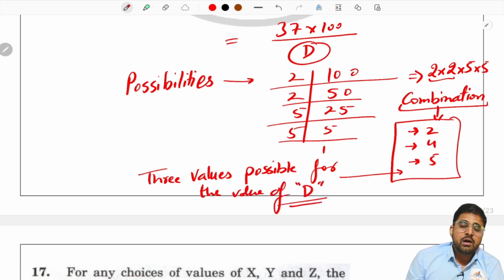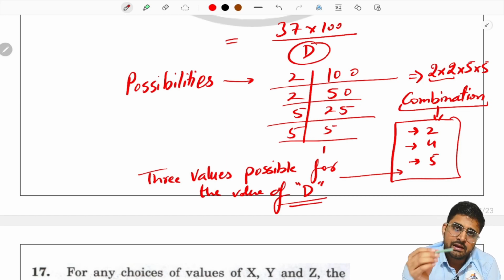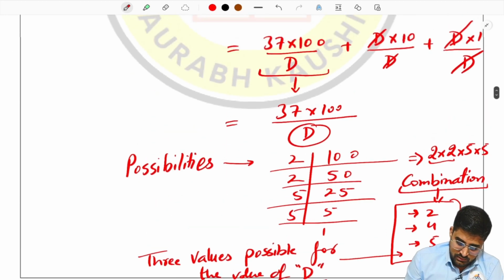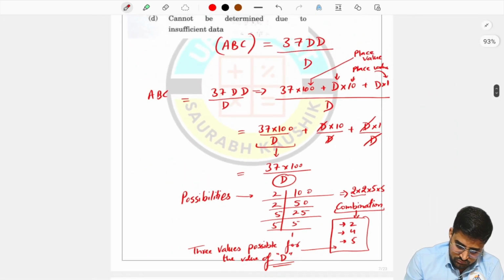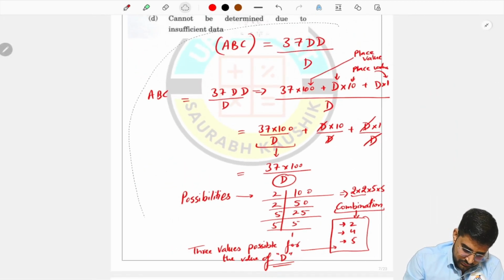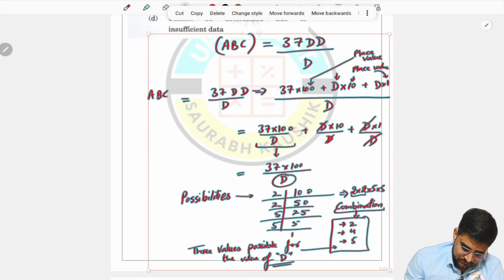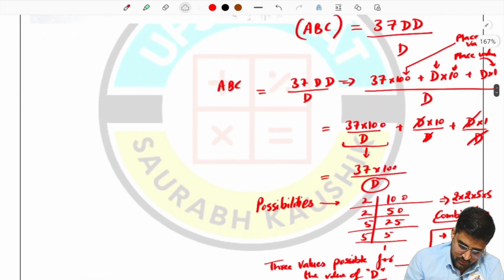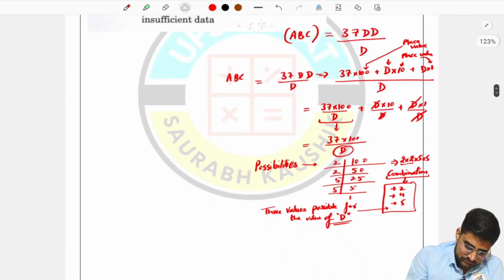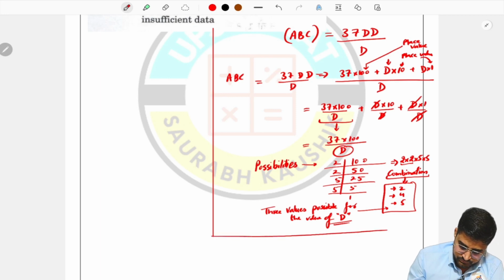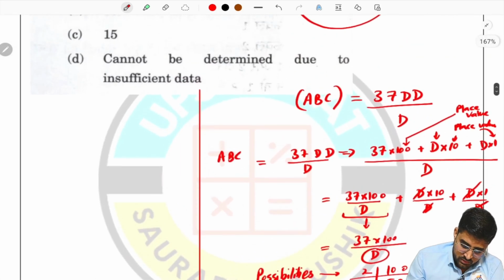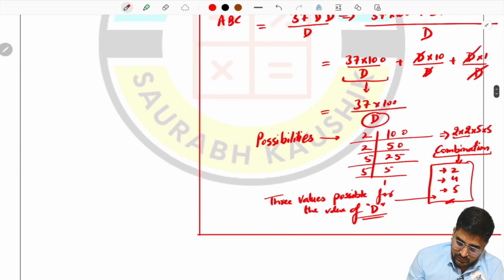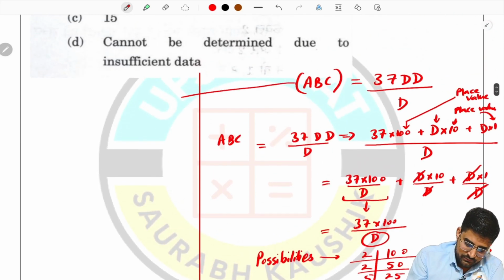Okay, now we will put the value of d in the equation. Give me a time, I have to make this short, I need some space. Now put the value of d in the equation itself.